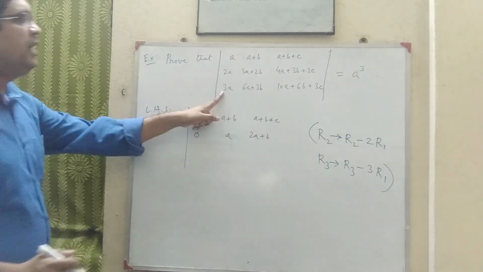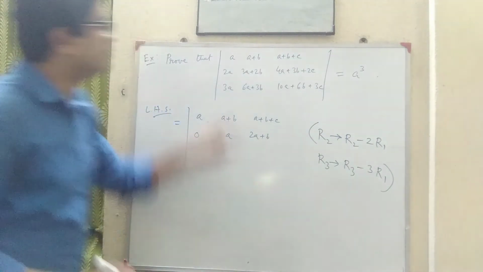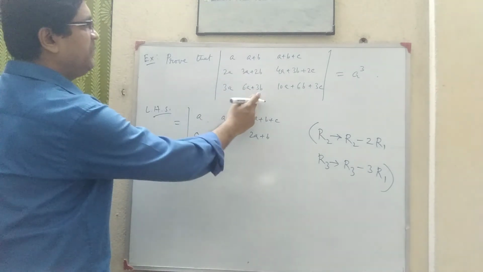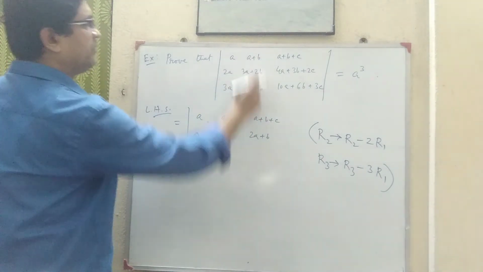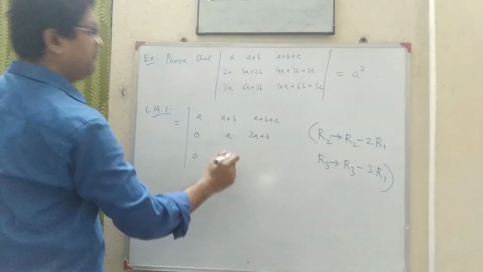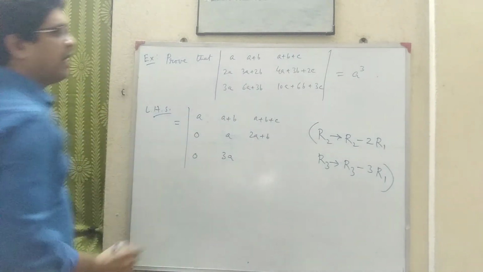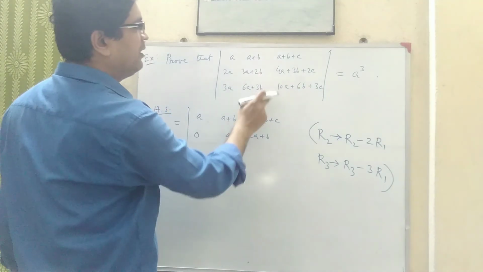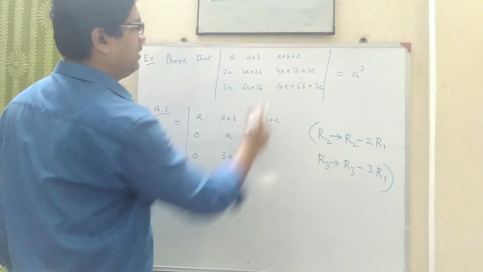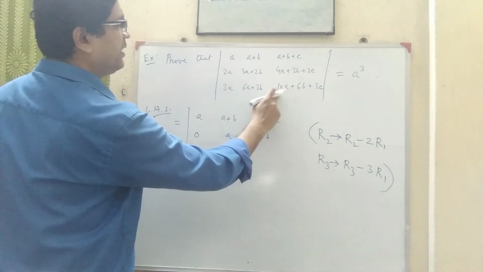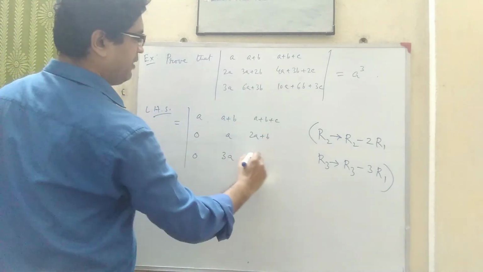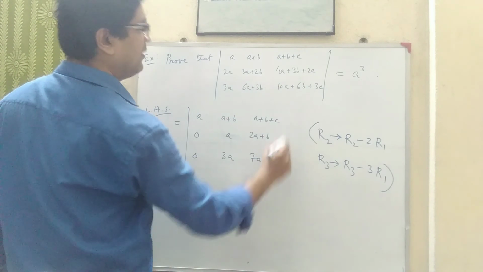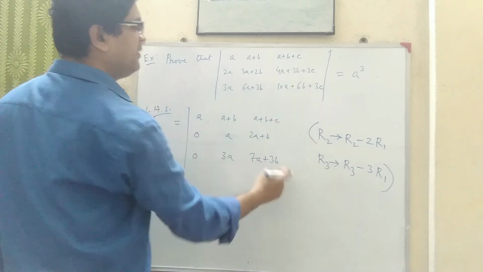Now r3 minus 3r1: 3a minus 3a is 0, 6a plus 3b minus 3a minus 3b, so 3b cancels and 6a minus 3a becomes 3a. Then 10a plus 6b plus 3c minus 3a minus 3b minus 3c: 10a minus 3a is 7a, 6b minus 3b is 3b, and 3c minus 3c is 0, so you don't have to write.